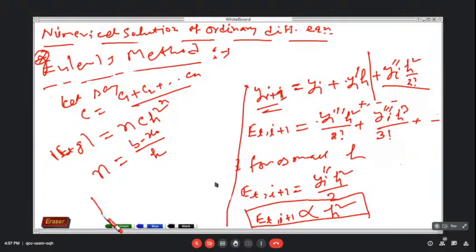So n means (b minus x0) divided by h. I can write b minus x0 divided by h.